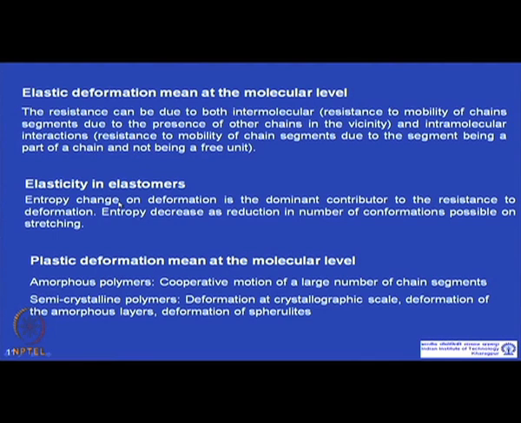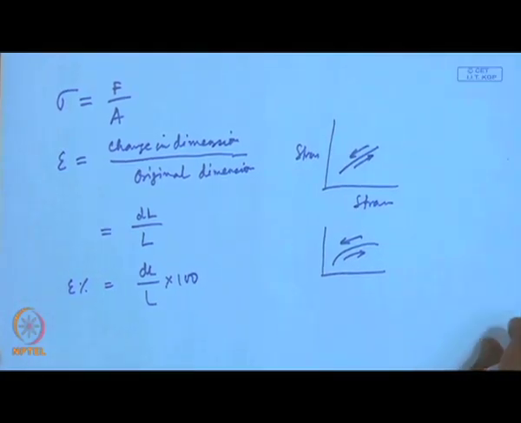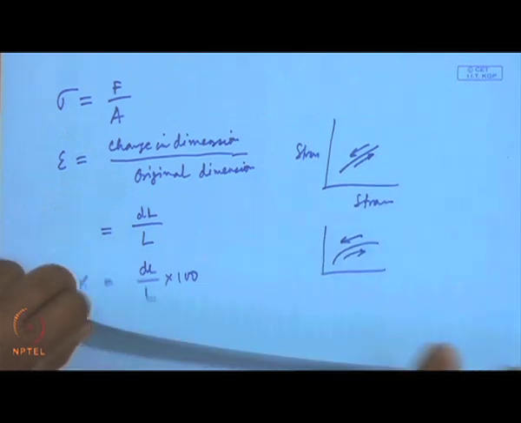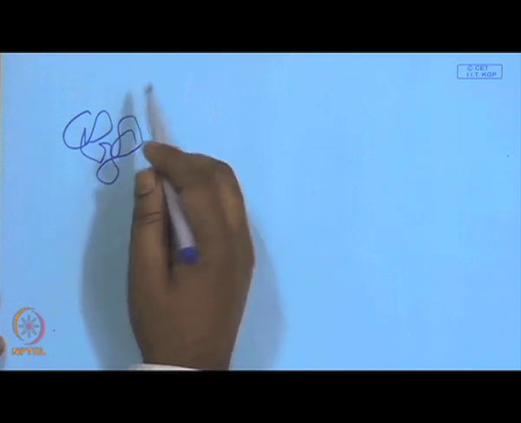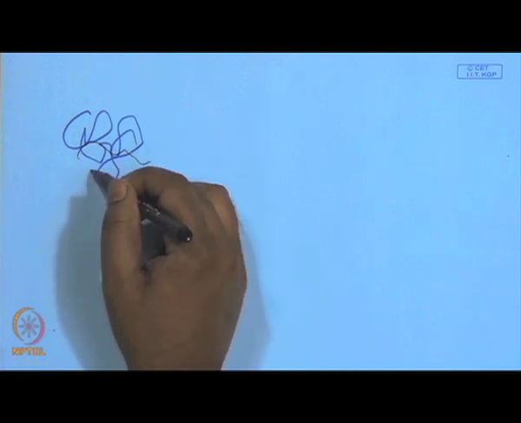Elasticity in elastomers: elastomers are very elastic, so they elongate quite a lot, and entropy change on deformation is the dominant factor in the resistance to deformation. In an elastomer, the polymers normally have a coil-type conformation. If you draw the polymer chain conformation like this, in real polymers different chains are entangled with each other.